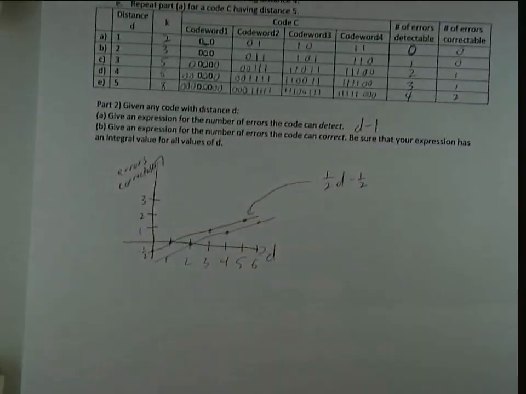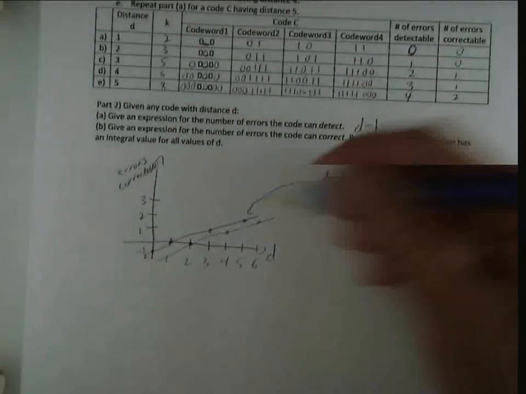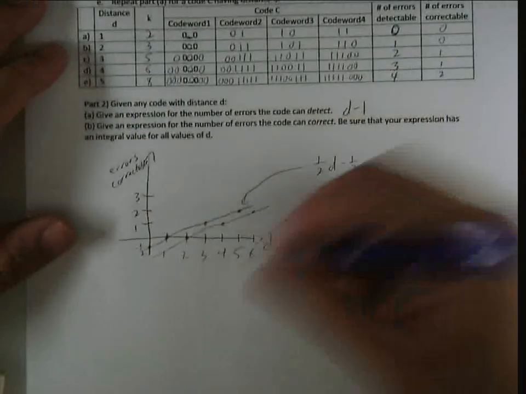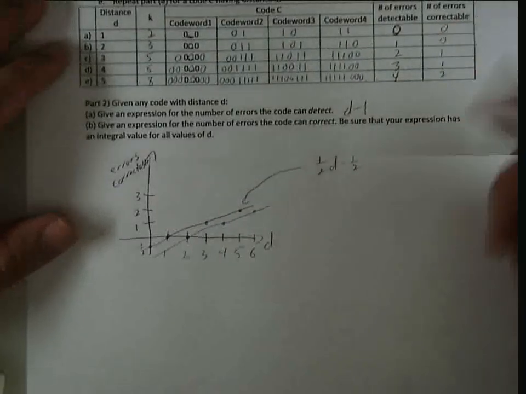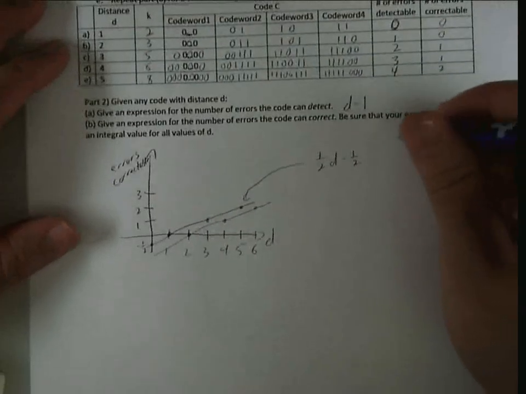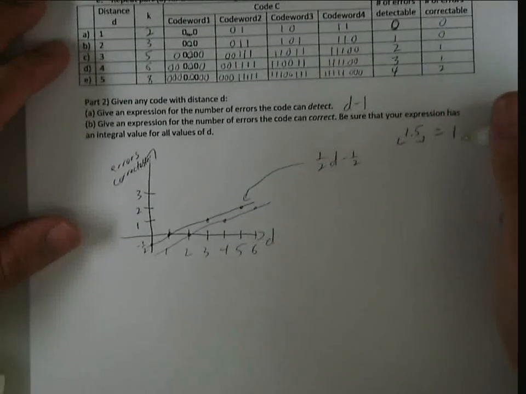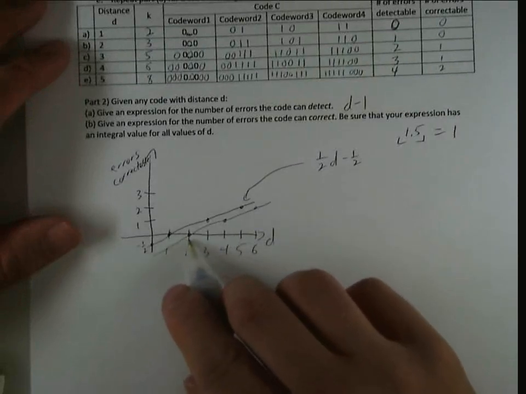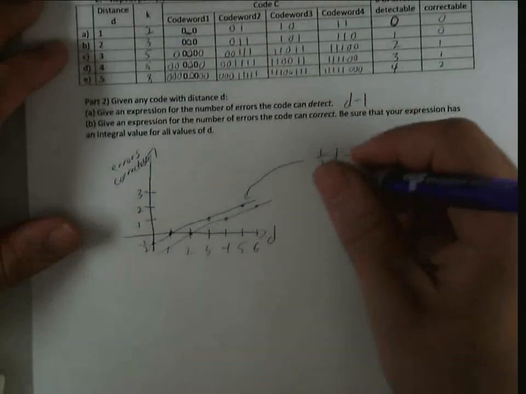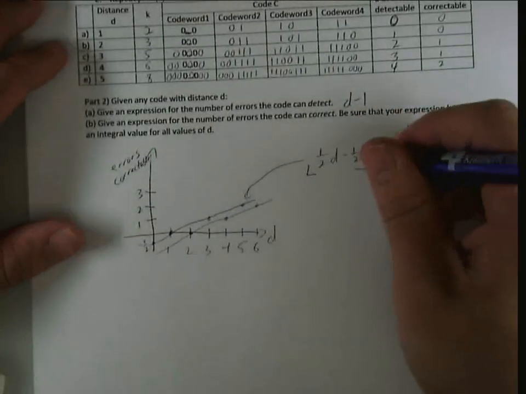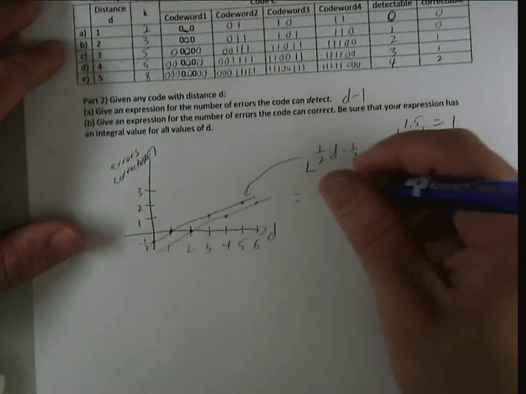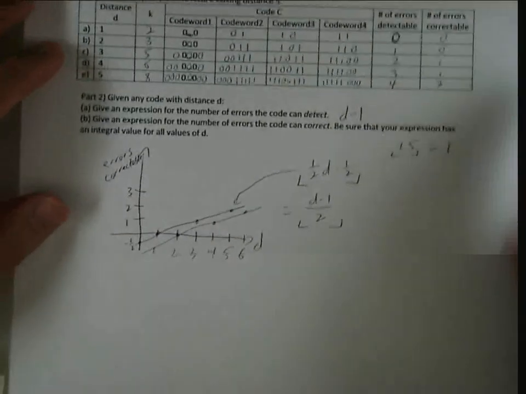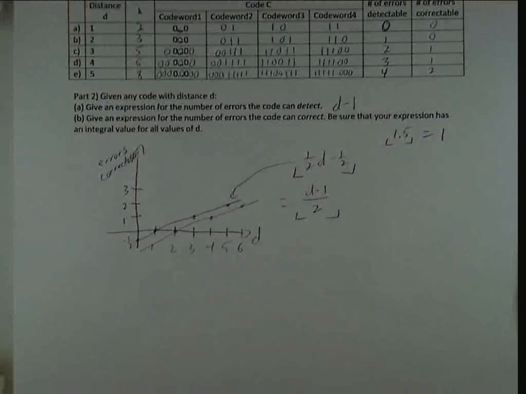And there's actually a very powerful nonlinear function that we can use called the floor function, which basically rounds down any fraction. So like if I have 1.5, the floor is equal to 1. So basically I can say this is at 1.5 and I want it to go down to 1, I'll just take the floor. So the answer to this question is just going to be the floor of this, which I can simplify to be the floor of (d minus 1) over 2. And hopefully that wasn't too much hand waving, and if you have any questions, feel free to ask them.